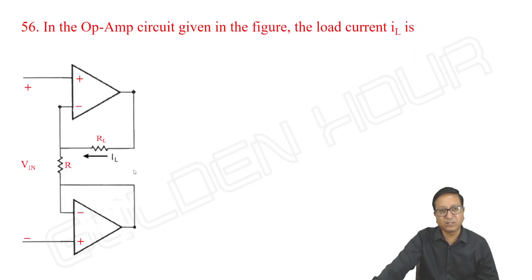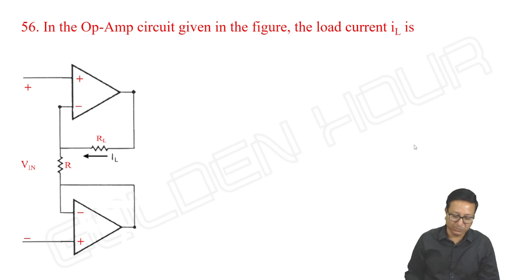Next, look at this one. This is also a floating load only. In the Opamp circuit given in the figure, what is the load current IL? For better understanding of this circuit, let me take this voltage as V1 and this voltage as V2. So V input is equal to V1 minus V2, I can write.